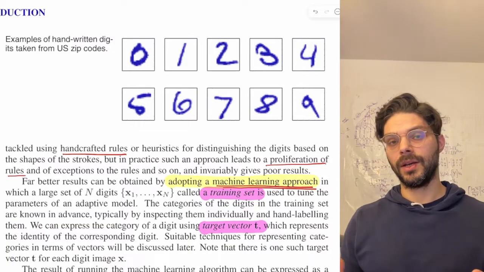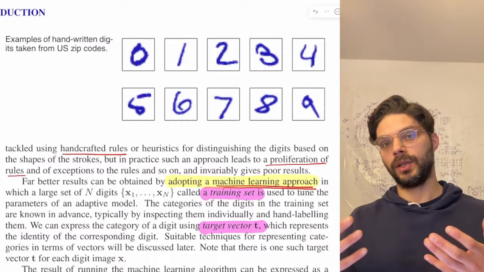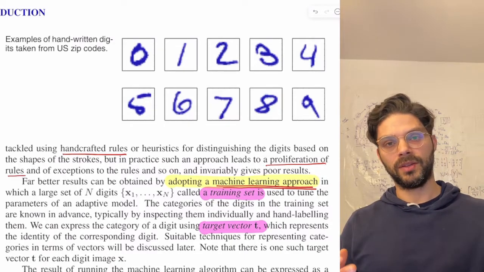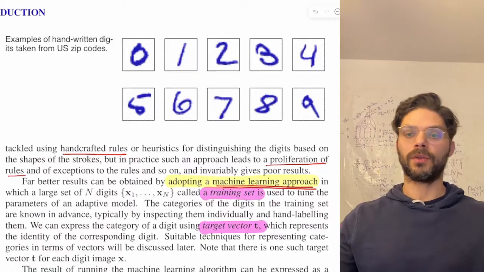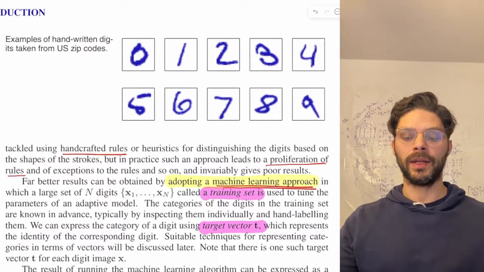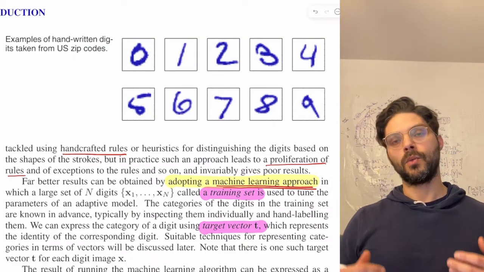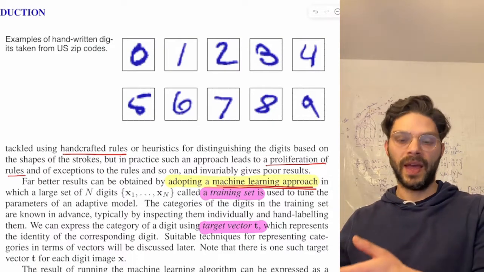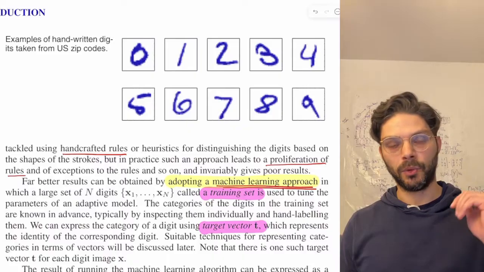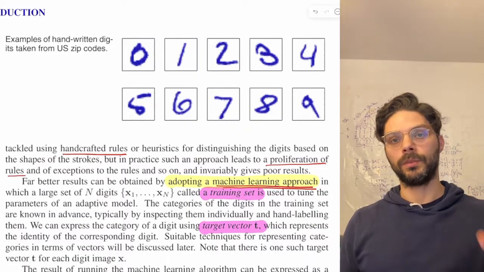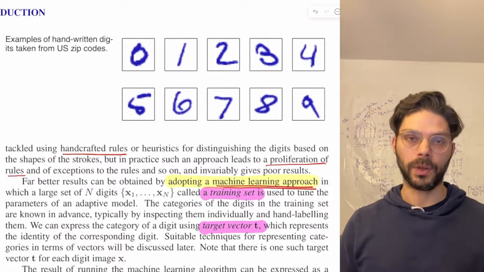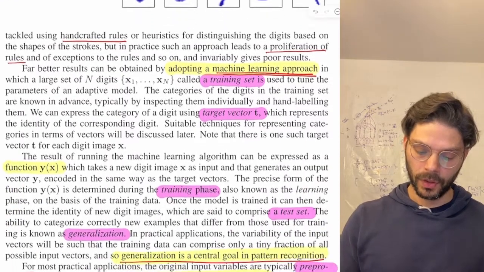The idea is to build an algorithm that will take this training set and these targets and figure out the regularities that are there without you having to tell it. So its output will tend to be correct: we'll give it a new digit, and it will tend to classify it correctly the way a human would.